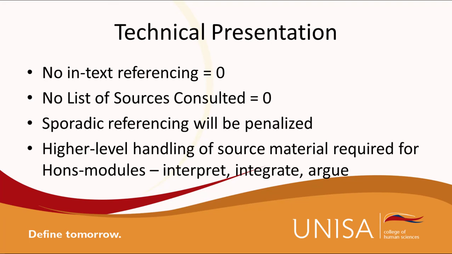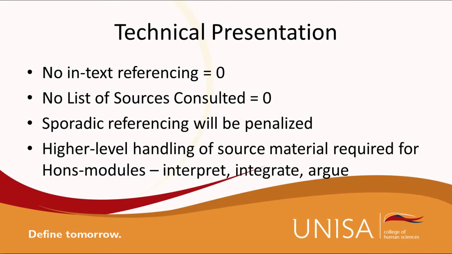From the start of the module, I want you to be aware that you will get 0 for an assignment or the examination portfolio if you don't have in-text references and if you don't have a list of sources. You will be penalized if you reference sporadically, meaning only here and there. The rule of thumb is to reference every point you make, every argument you make, because you got the information from somewhere, right?